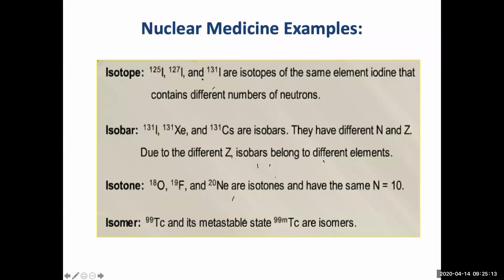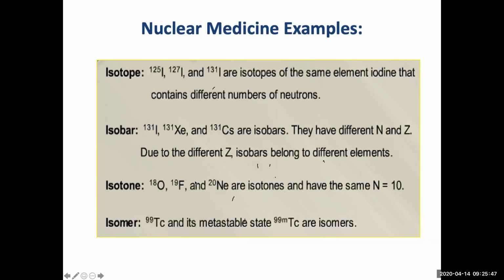Let me give you an example. For isotopes, we see the same element: iodine-127, 125, 131. These are all iodine because they have the same number of protons, and they are called isotopes of the iodine element. For isobars, we have the same mass number but different Z and different N, different numbers of protons, but the same total number of nucleons.